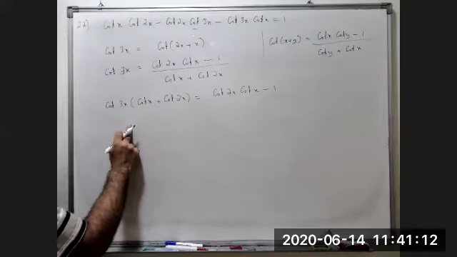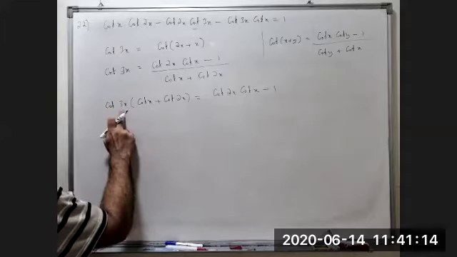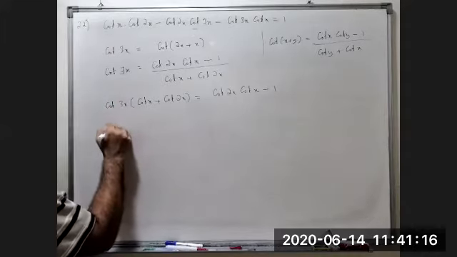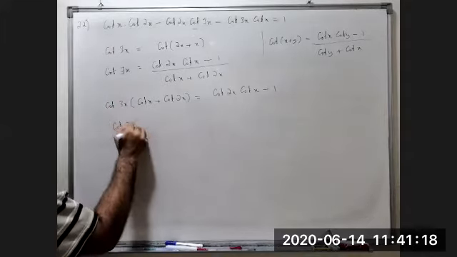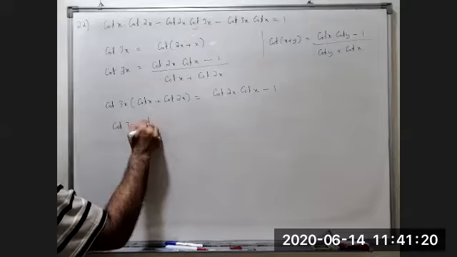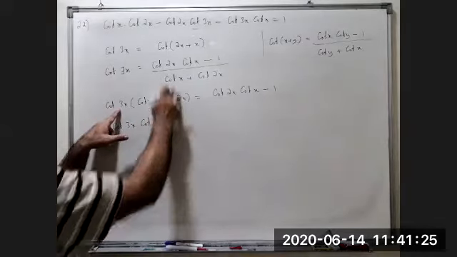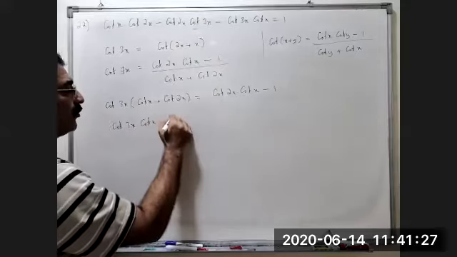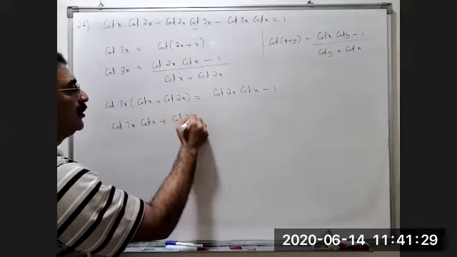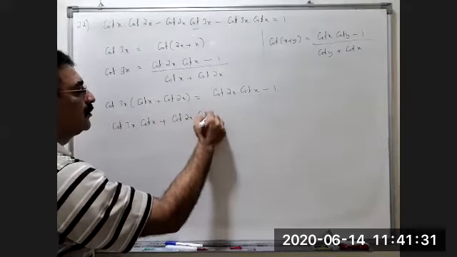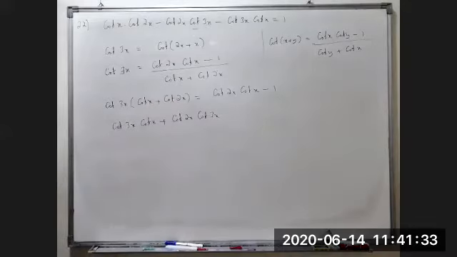Opening the bracket, writing in the same order: cot 3x cot x plus cot 3x cot 2x, which I am writing as cot 2x cot 3x, or any order.